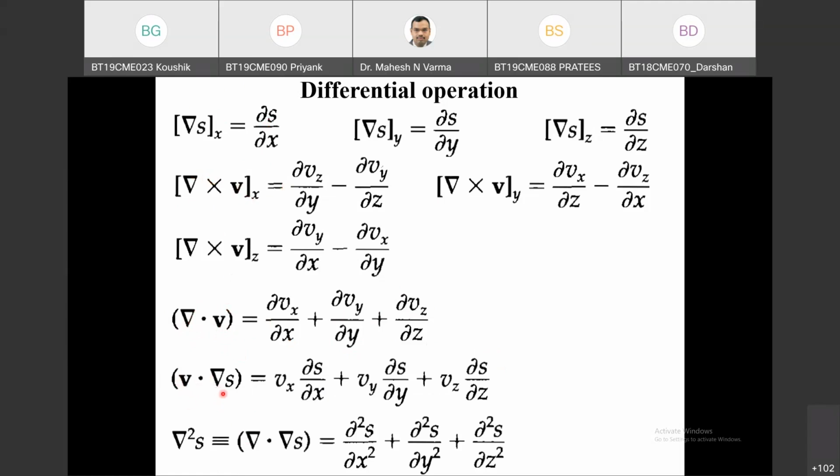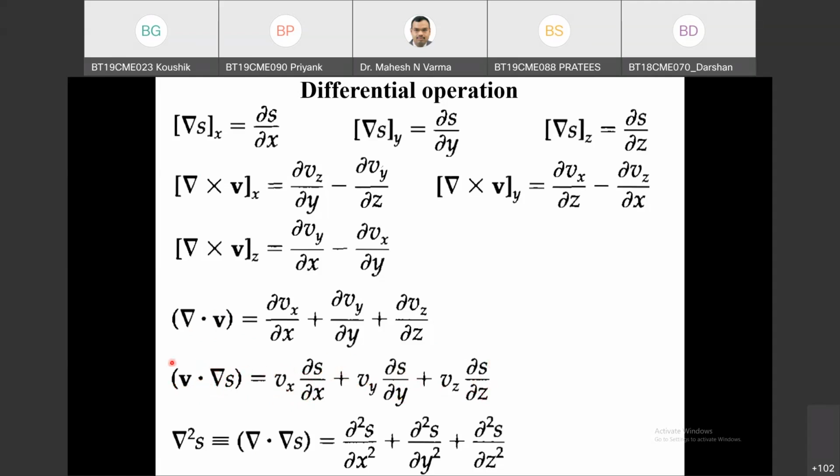Velocity dot del into scalar. So velocity dotted with del into scalar will be equal to velocity x times d by dx of scalar plus velocity y times d by dy of scalar plus velocity z times d by dz of scalar.